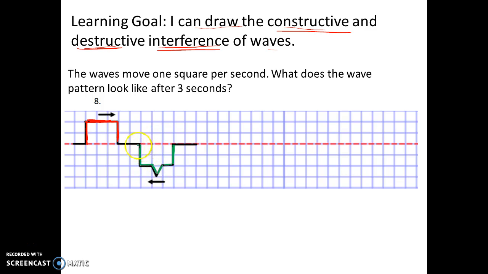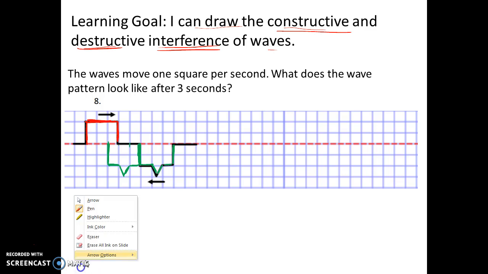So this front edge goes 1, 2, that's 3. So the front edge of this wave is going to be here. Then I go across, up, and the back edge is going to be there as well.